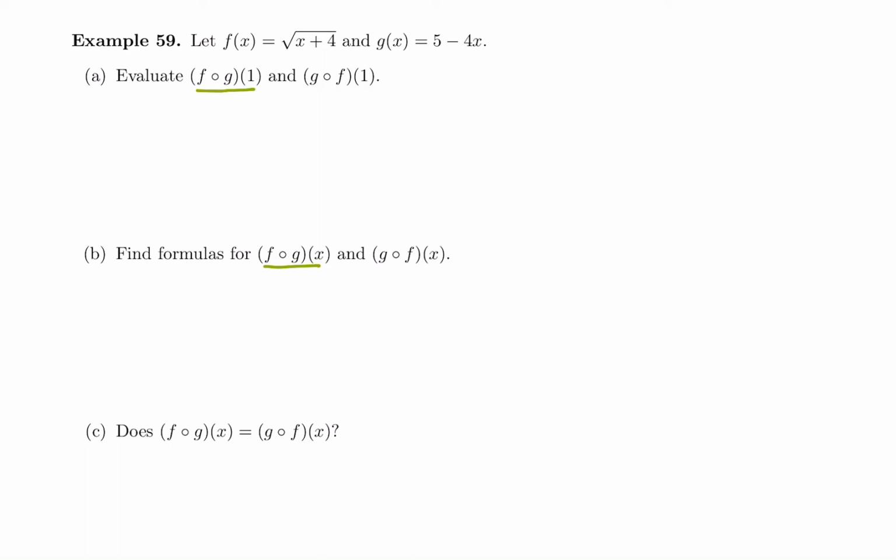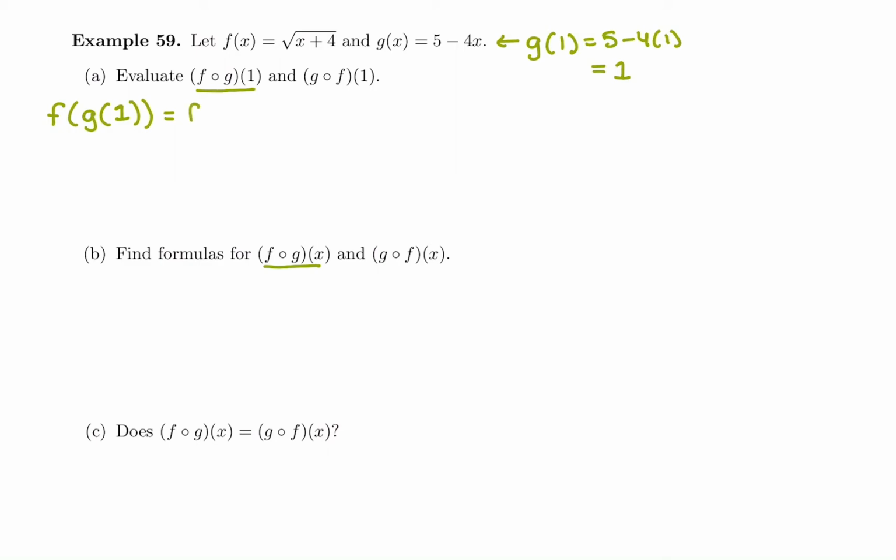So starting with some numbers, we have f of g of 1, which first requires me to calculate what g of 1 is. So off to the side here, g of 1 is going to be 5 minus 4 times 1. I'm going to replace the x with a 1, and that's going to give me 5 minus 4, which is 1.